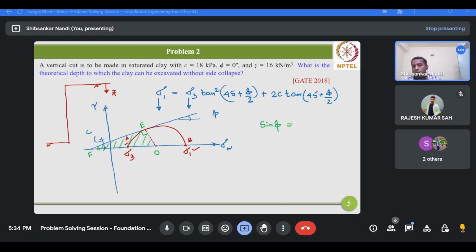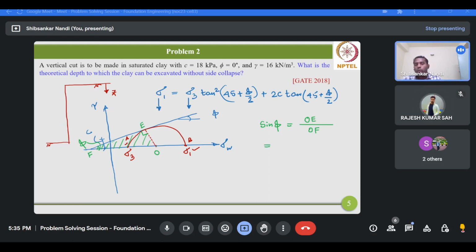So this is phi. How can you define the sine phi? Sine phi is the perpendicular by hypotenuse, OE by OF. Very good.